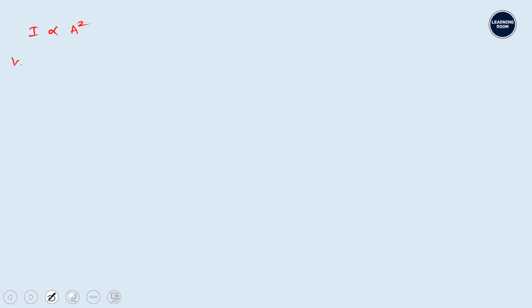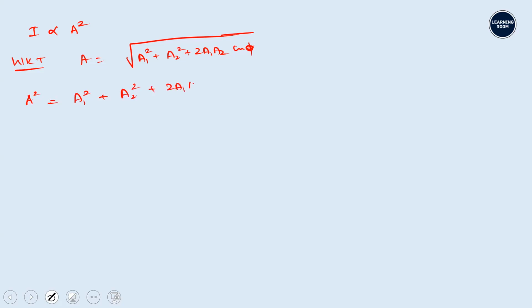And we know that A is equal to root of A1 square plus A2 square plus 2 times A1 A2 cos phi, where phi is the phase difference between the initial waves. Now, if I square on both sides, I get A square is equal to A1 square plus A2 square plus 2 times A1 A2 cos phi. Are you in acceptance with this?